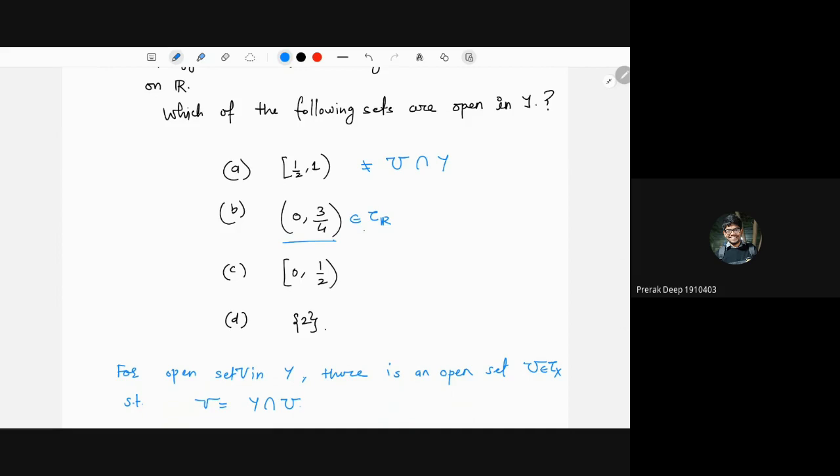Similarly, you can take, let's say, minus 1 comma half intersected with Y, and you will get this.